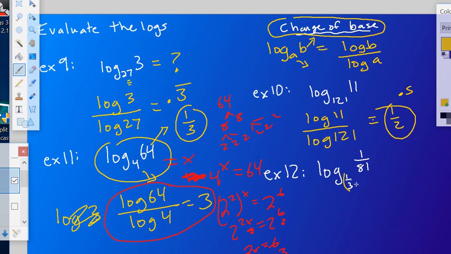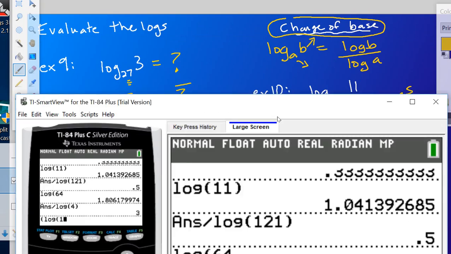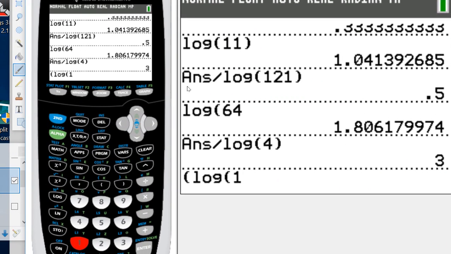All right, last one. Now I do have these fractional bases. So I'm going to write log of 1 over 81 all over log of 1/3. Okay, so I'm going to be very careful with my parentheses, and this time I'm going to type it all in at the same time. So I'm going to have log of 1 over 81, close my parentheses, divided by parentheses log of 1 over 3.